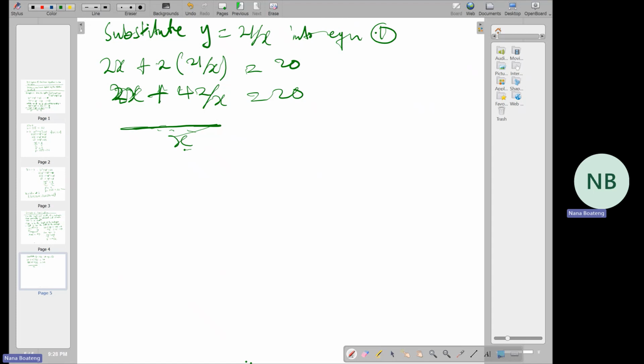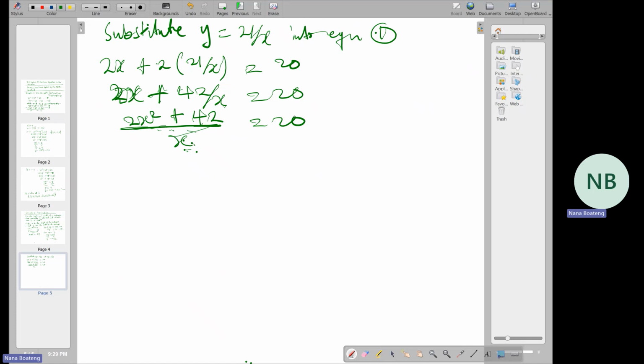If the LCM is x, then 2x becomes 2x squared. We have to multiply 2x by x, so that if we divide by x, we get back the 2x. So this becomes 2x squared plus x divides x one time, so that times 42, we get 42 here, and this equals 20.